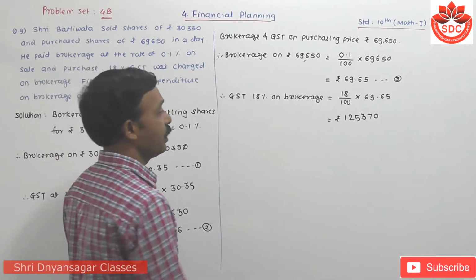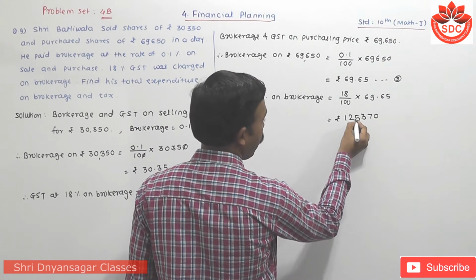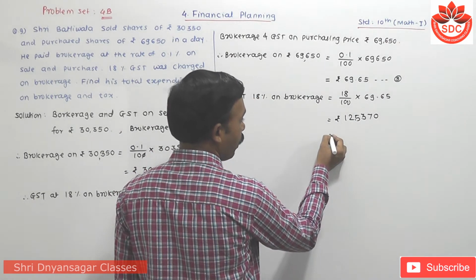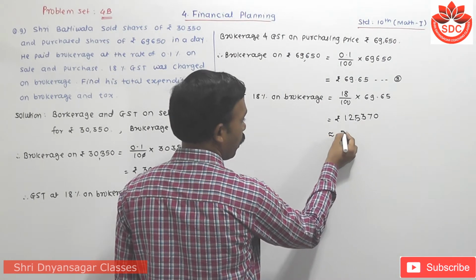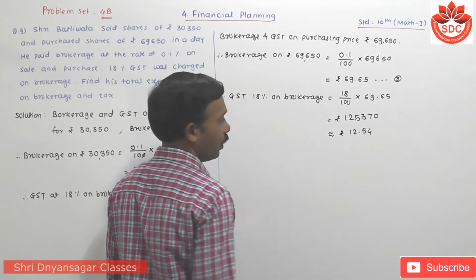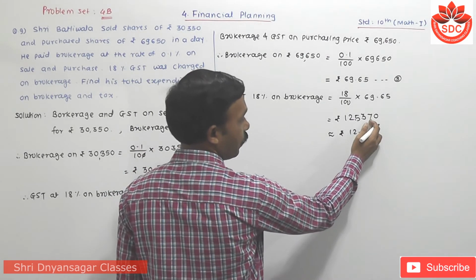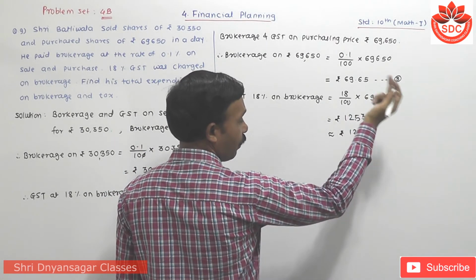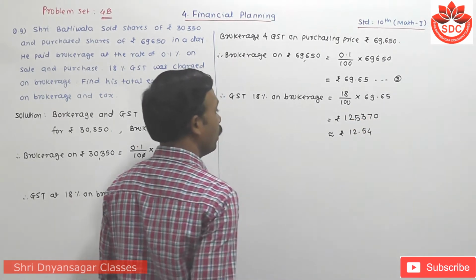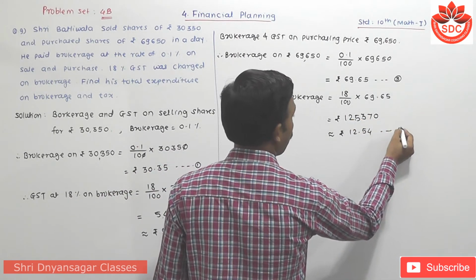Students, after 4 digits there is the decimal point, which means 12.5370. This value I have to convert to 12.54 in 2 digits. This 7 is greater than 5, so add 1 to the preceding digit, it becomes 4. Suppose this is equation number 4.